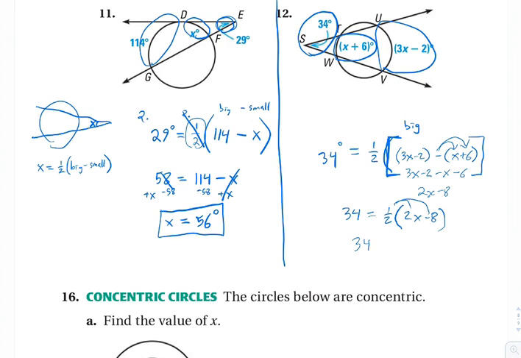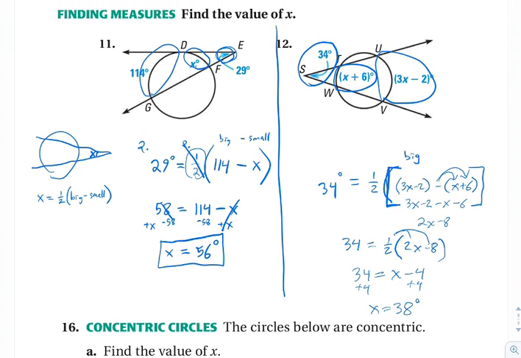So 34 equals half of 2x is 1x. Half of 8 is minus 4. So adding 4 to both sides, I get x is 38 degrees. So again, it was the same relationship. It's that same thing of x equals half the big arc minus the small arc, so half of b minus a.